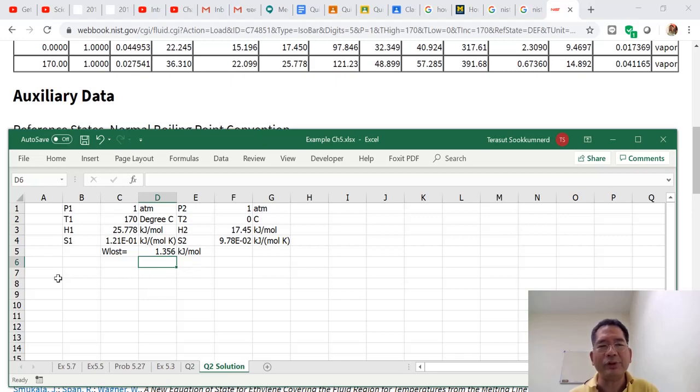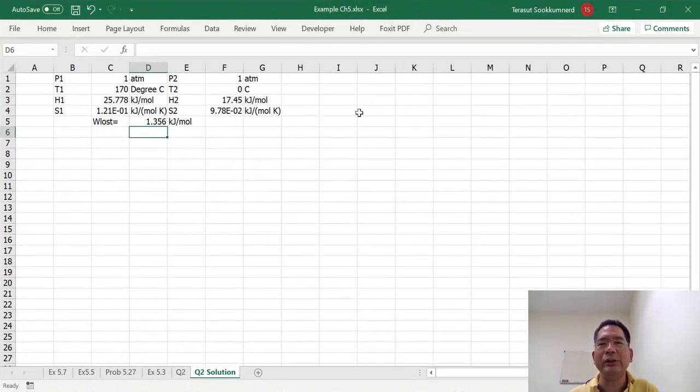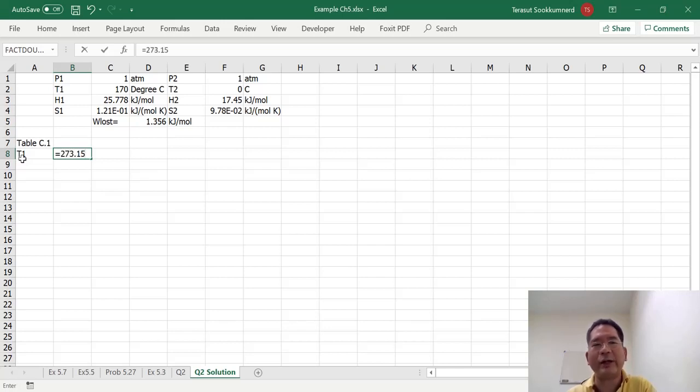The second approach is for me to use table C1 in order to calculate the enthalpy and to calculate the entropy change. So what we should do here is we must change the temperature to be in Kelvin. So 273.15 plus 170 becomes 443.15 for T1, and T2 becomes 273.15.